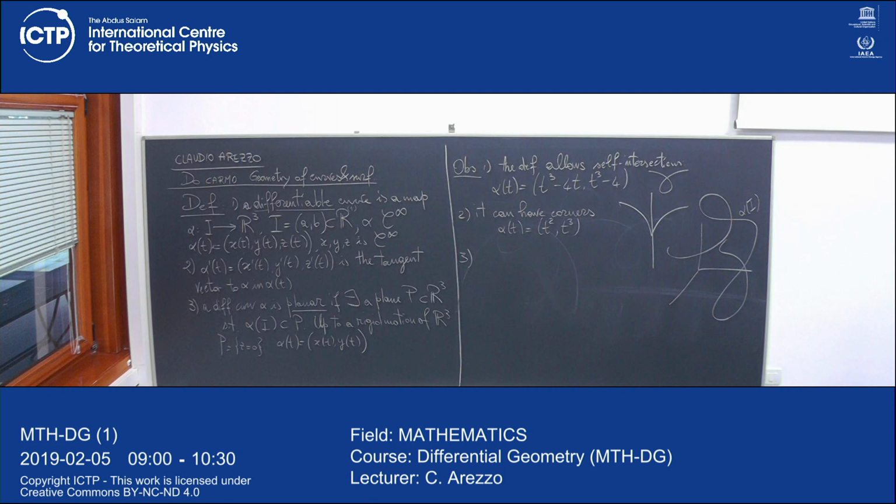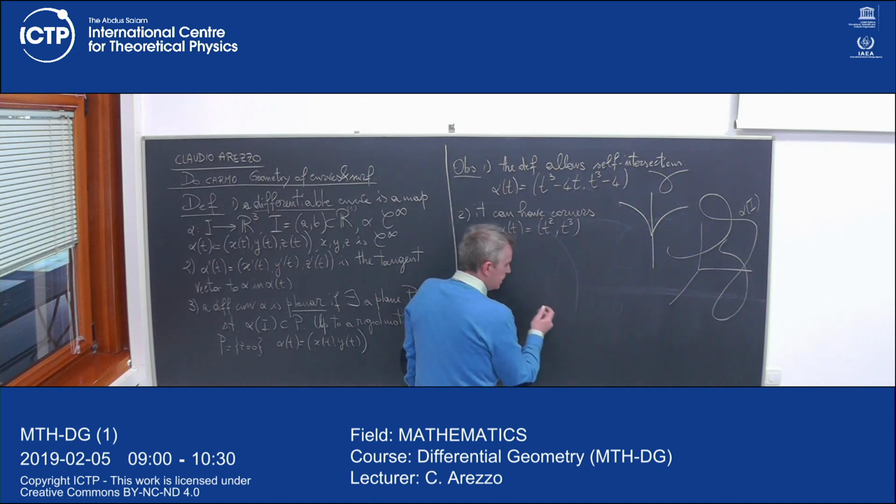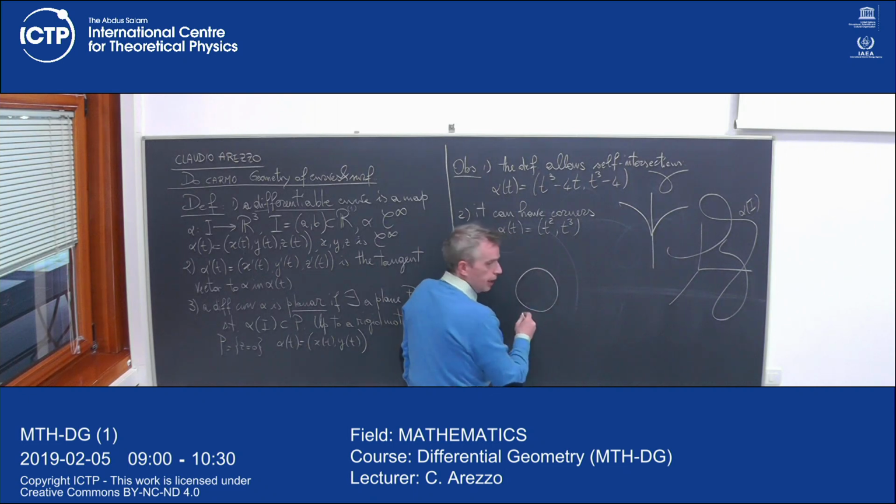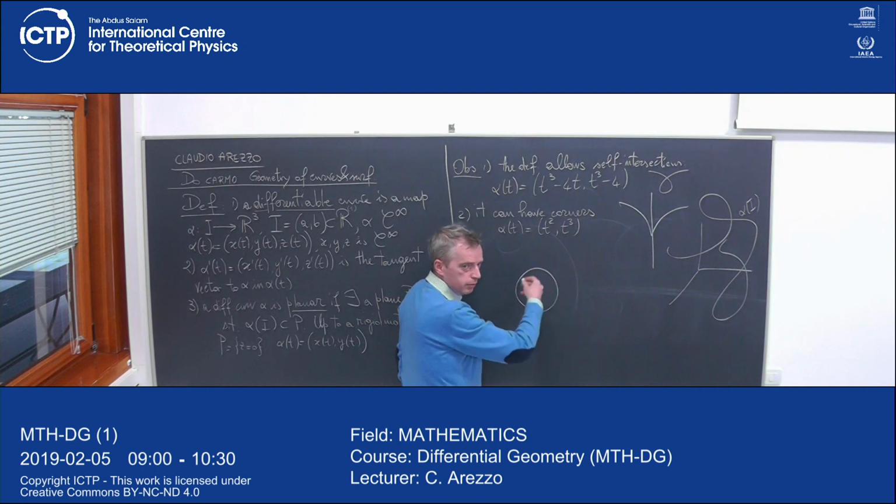We can have a circle, right? You can have a circle, for sure. That's a good point, because this is the typical problem in discussing these kind of things: the circle is just the image. But we are assuming that we are going via uniform motion.